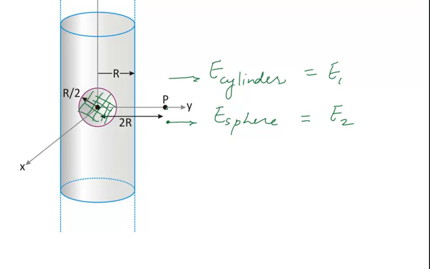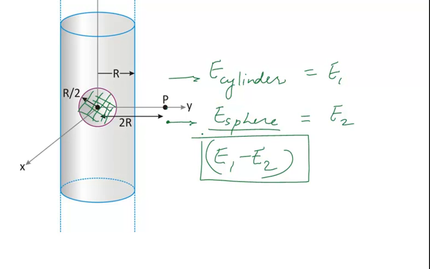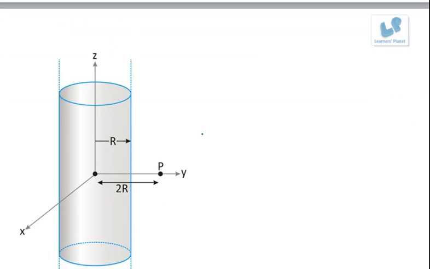Now at point P, the electric field due to this cylinder with a cavity will be E1 minus E2, because in E1 the charge which is actually not there in the cavity is also being considered, and to take care of it we have found the electric field due to that portion of sphere, and then we subtract E1 minus E2. Now this problem becomes very simple.